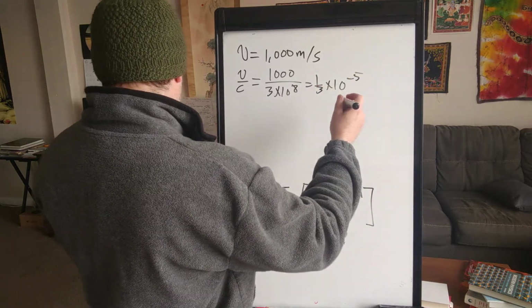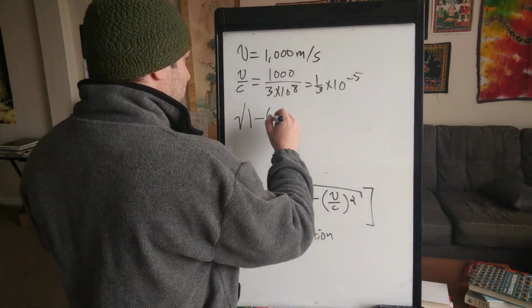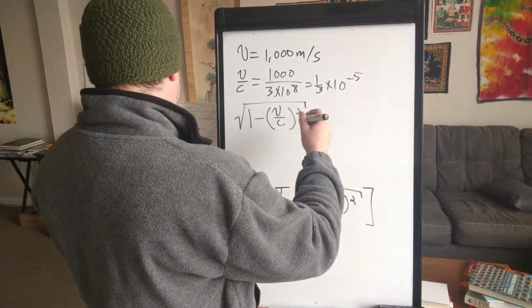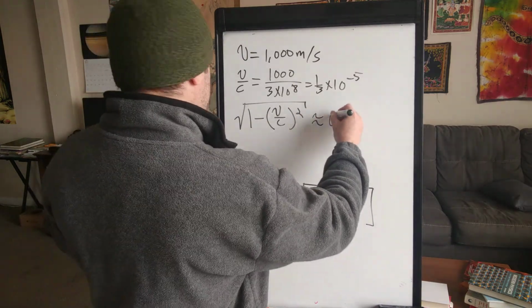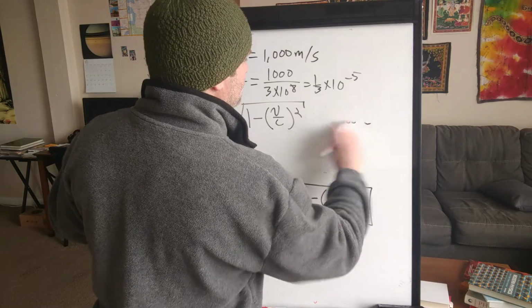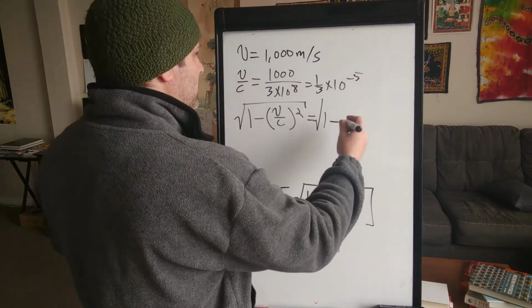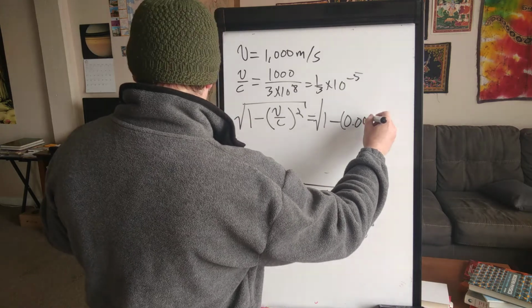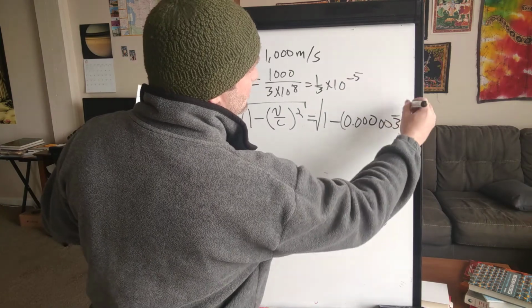Okay, and then I take the square root of 1 minus the square of that number. 1 minus 0.0000003 squared.